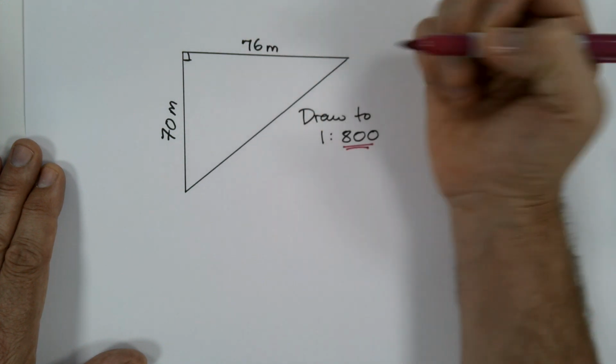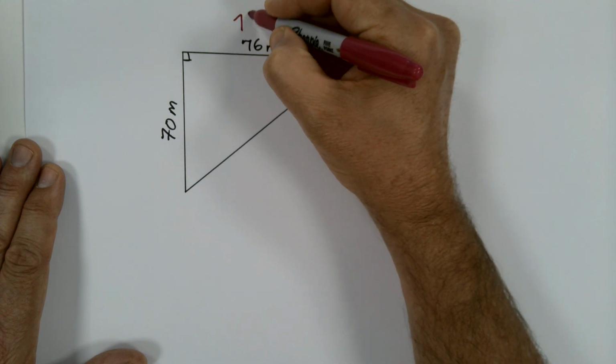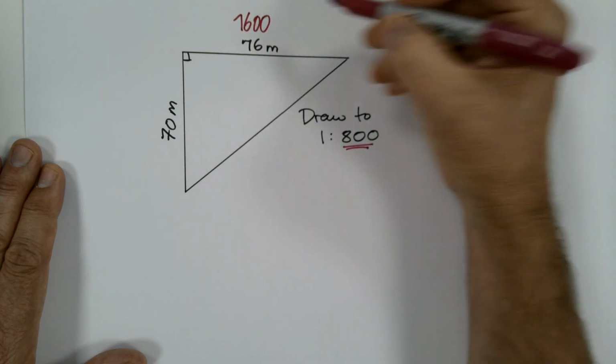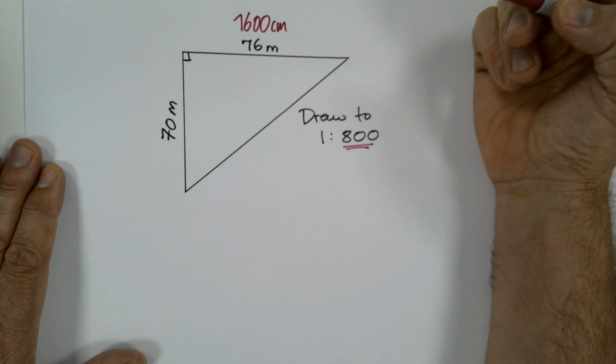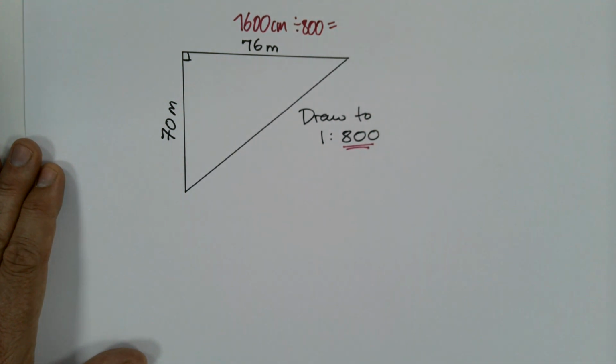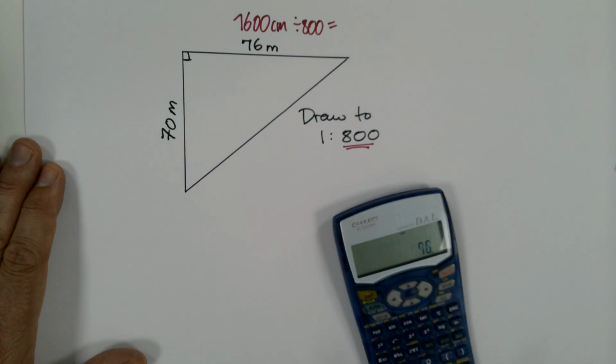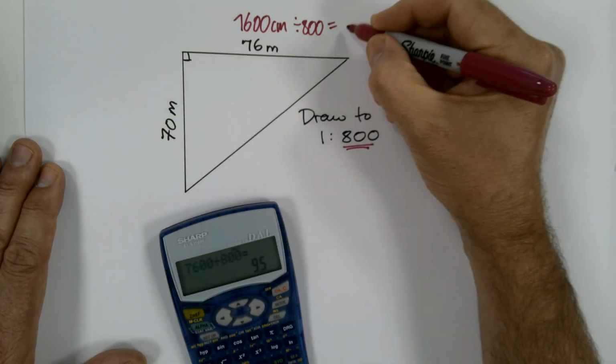So 76 meters, times it by 100 to get the centimeters. That's 7,600 centimeters. Then I'm going to divide it by 800. You get your magic buttons. 7600 divided by 800, 9.5 centimeters.